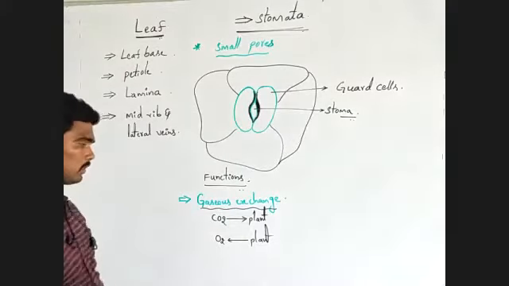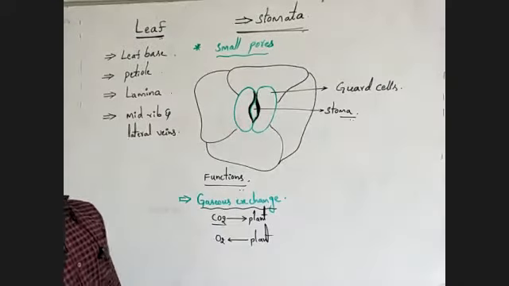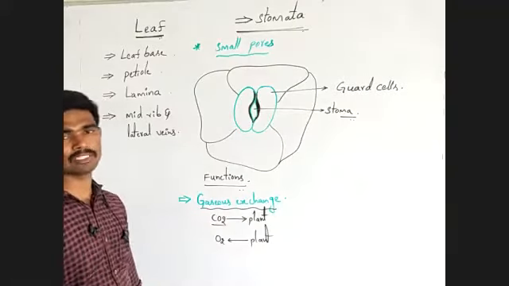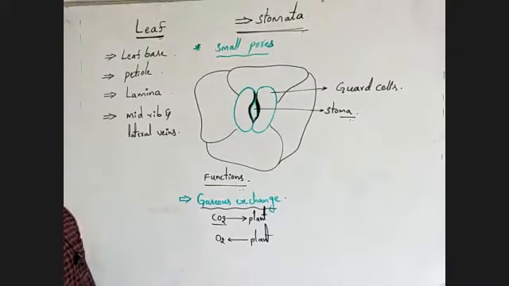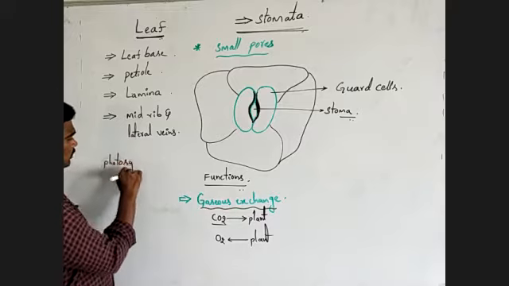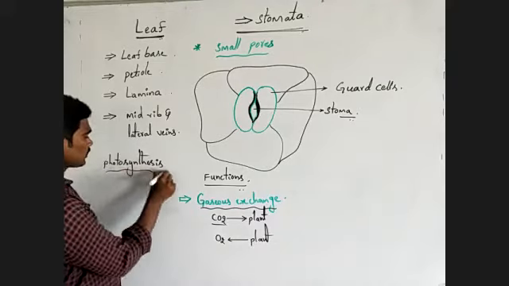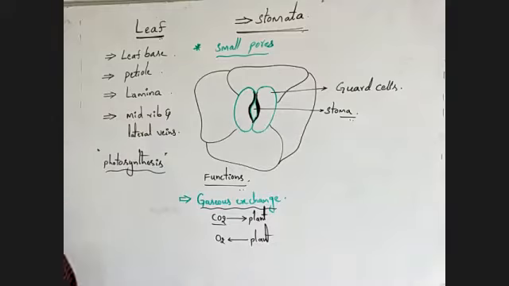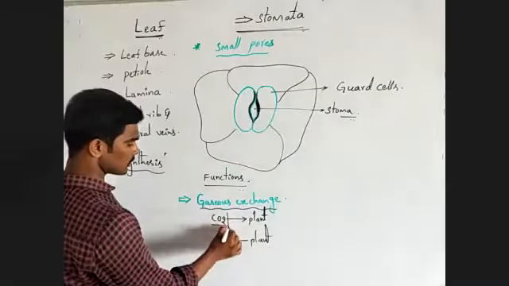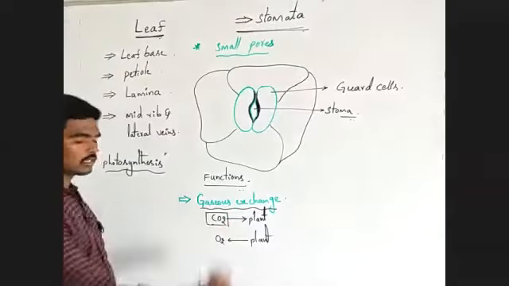Without this stomata, gases do not enter into the plant. Without gases, plants cannot perform different types of activities, for example, photosynthesis. Photosynthesis is an important process. To perform this process, plants require carbon dioxide.